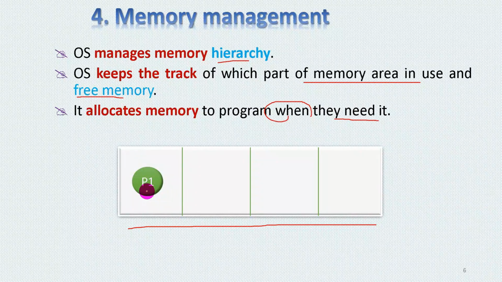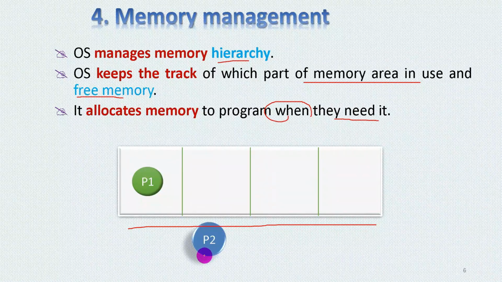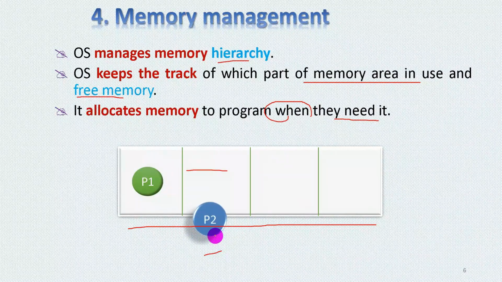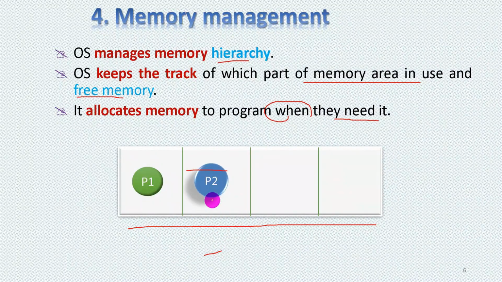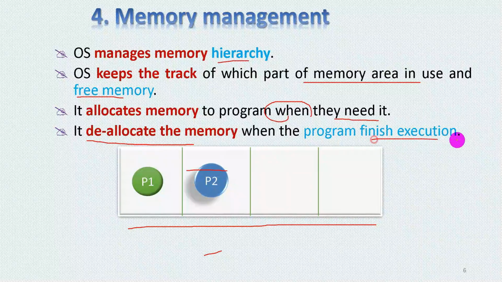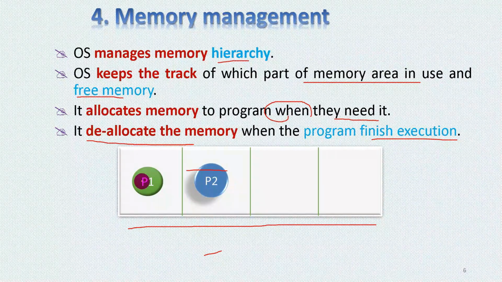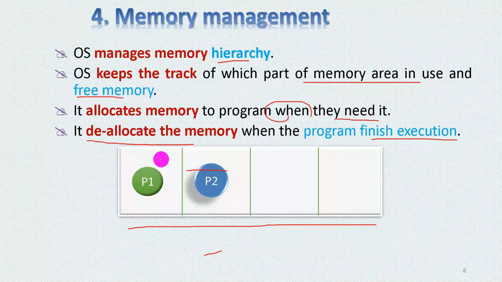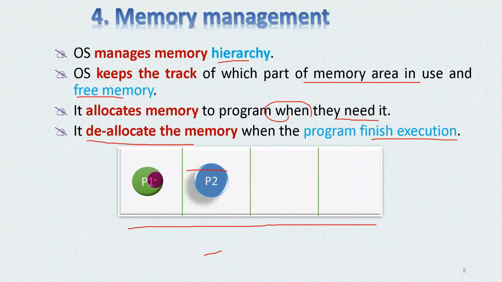And if there is another program that wants to use this RAM, which is P2, it directly allocates this space to P2, right? As you have seen here, this one is allocated to P2. It also deallocates the memory when the program finishes execution. For instance, when P1 finishes its execution, it is deallocated by the operating system, or removed from this memory, as you have seen here. This process is controlled by the operating system.